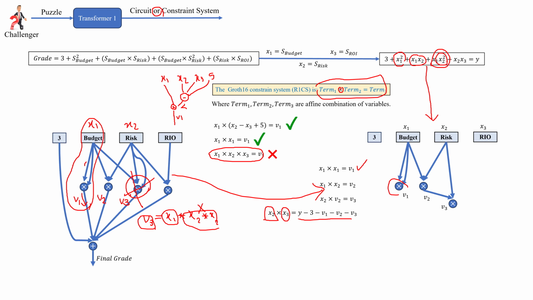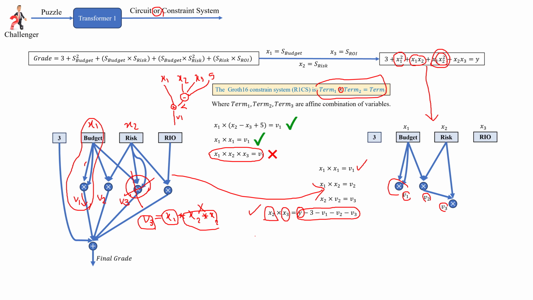So this part is an affine combination of variables. V1 is the output of the first gate, V2 is the output of the second gate, V3 is the output of gate number 3, and Y is the output of the whole circuit. Since the right part is an affine combination of variables, this means that this is also a valid constraint.